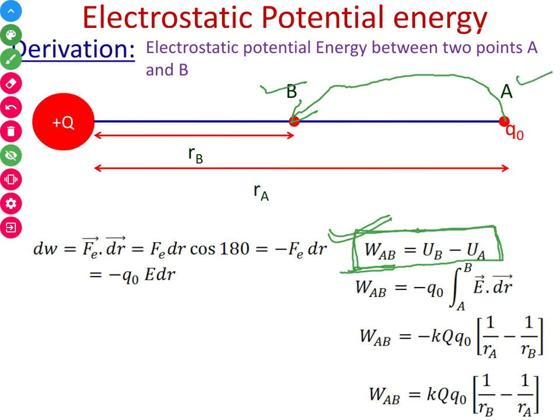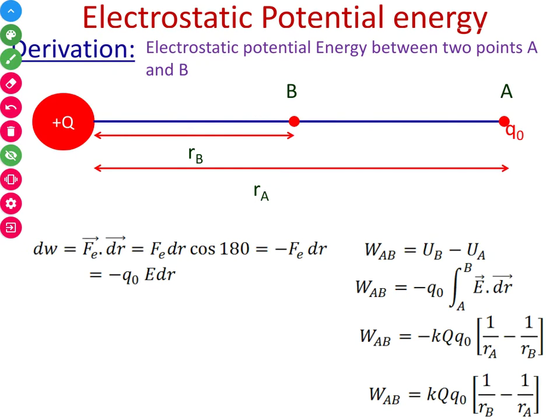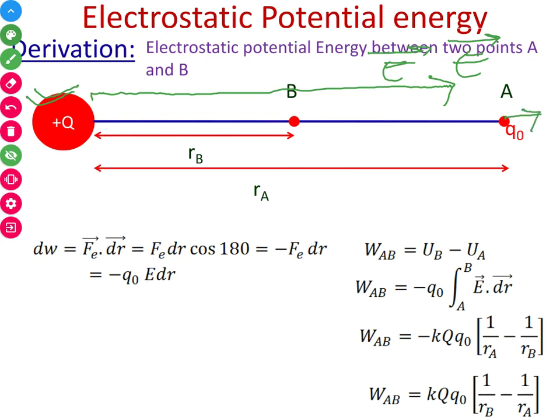So let's find out. Say this is the source charge plus Q, and due to this an electric field is generated in this direction, and due to this electric field, this charge Q0 experiences a force Fe, that is the electrostatic force or electric force due to the electric field which is produced by this charge.